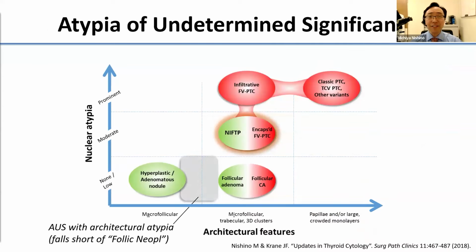So cases classified as AUS other because of architectural atypia represent those cases with borderline microfollicular architecture that precludes a benign interpretation on the one hand, but at the same time falls short of a follicular neoplasm interpretation.